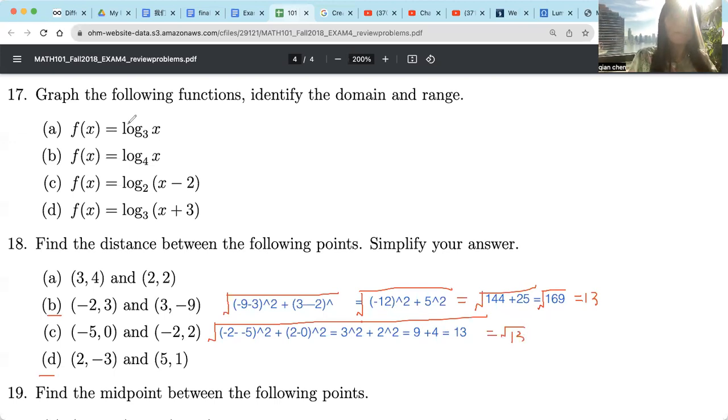Now let's see D. We'll do the same calculation. 5 minus 2 squared plus 1 minus -3 squared. Simplify, that's a 3 squared plus 4 squared, because the 1 minus -3 becomes 1 plus 3.